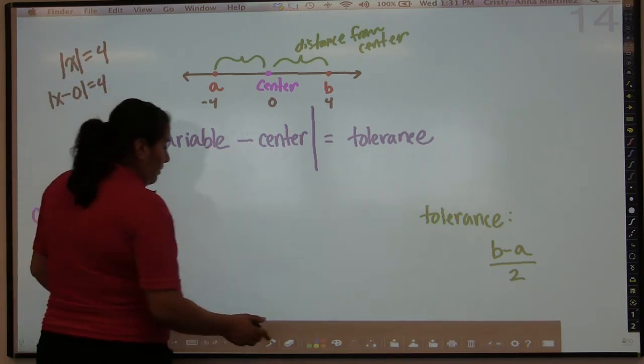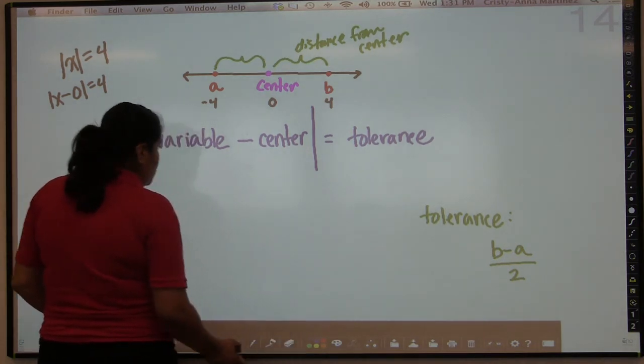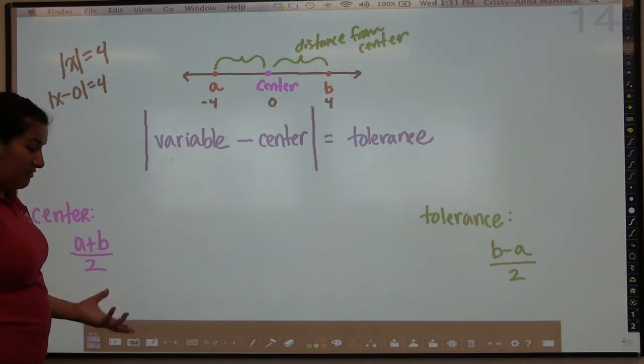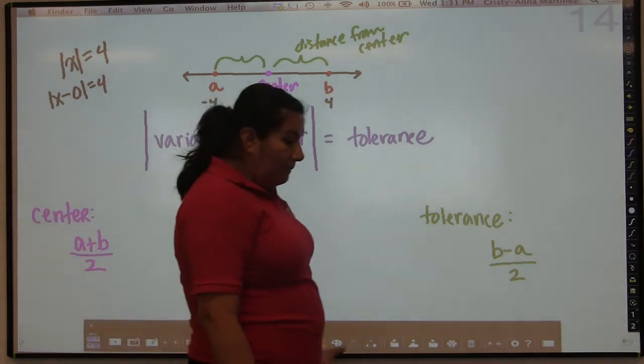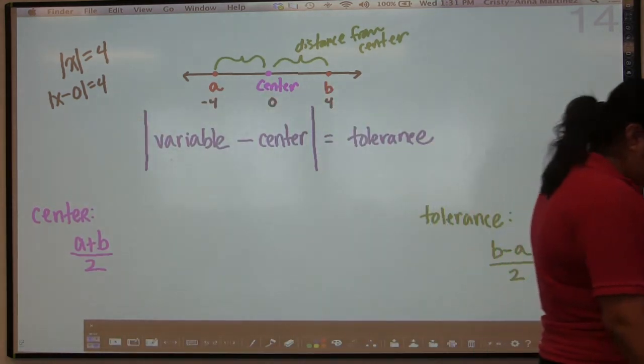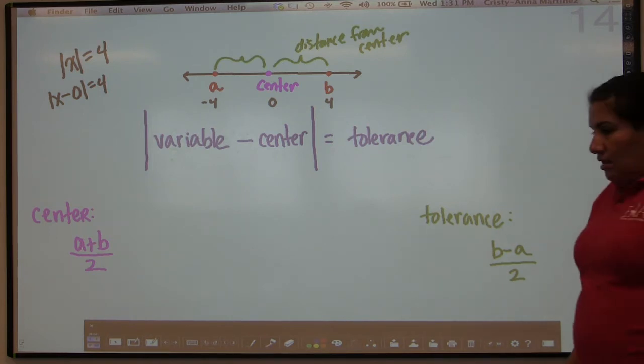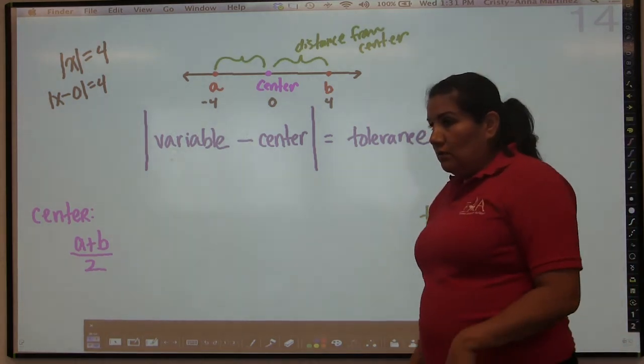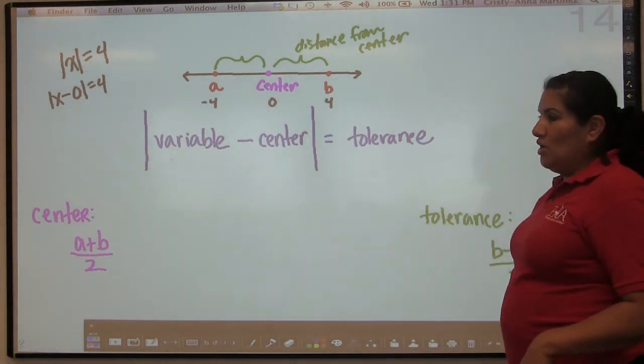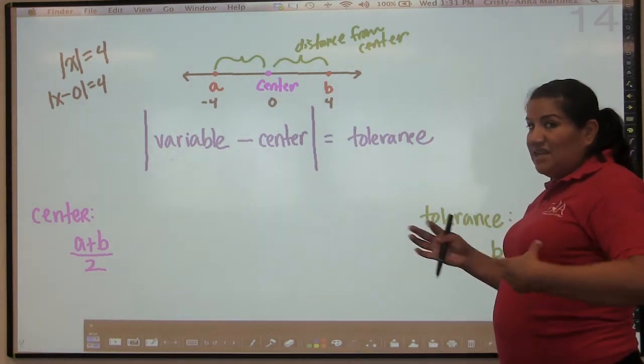But with the word problem, let me give you an example. Let's say I want to have a fundraiser, and I want to raise $1,000, give or take 25 bucks. Well, the center refers to the fact that you have a max and a min. I said give or take.